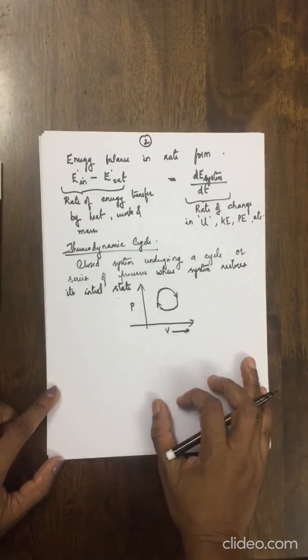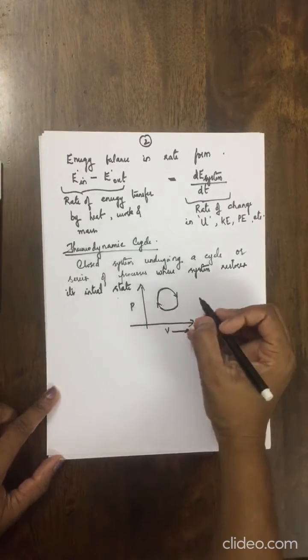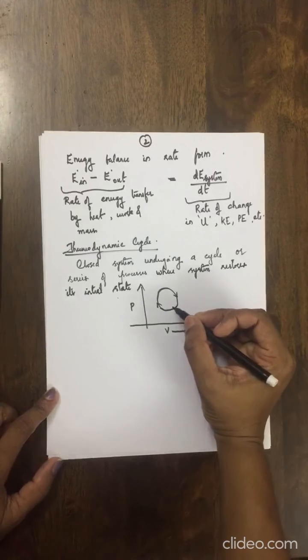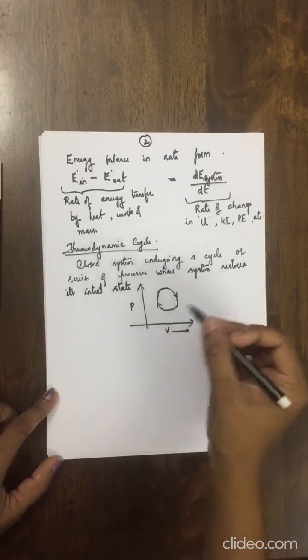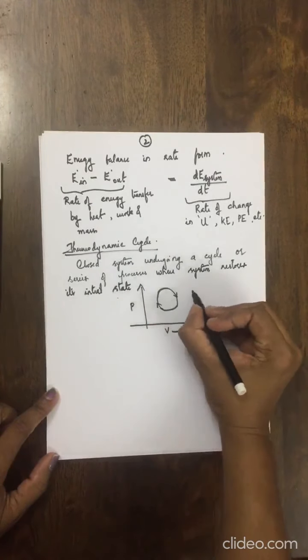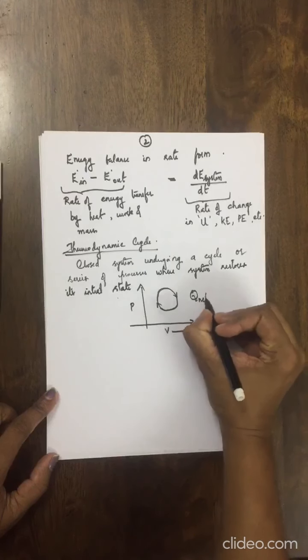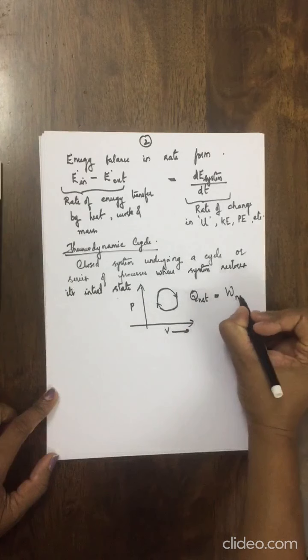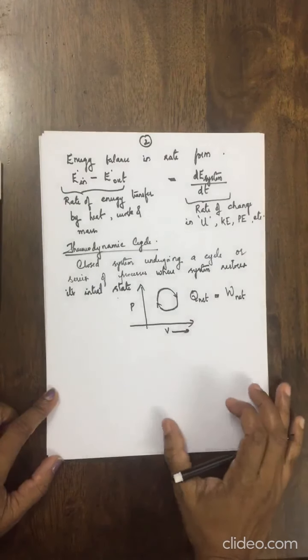A cycle is a series of processes in which the system undergoes a change of state so that it restores its initial state. In a cyclic process, the net heat transfer into the system is equal to the net work transfer out from the system.